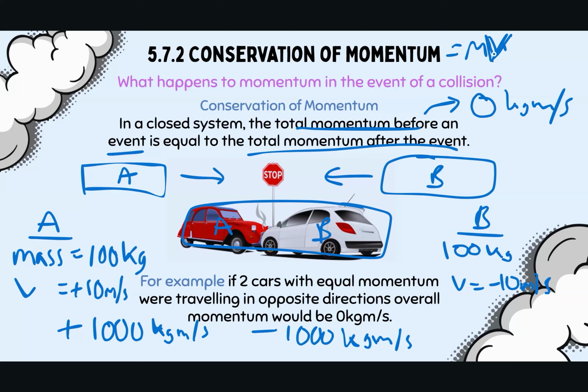Our velocity is 0. So we've got 200 times 0. So what's our total momentum after the event? It's also 0 kilogram meters per second. So that means momentum has been conserved. Momentum before the crash was 0. Momentum after the crash was also 0.